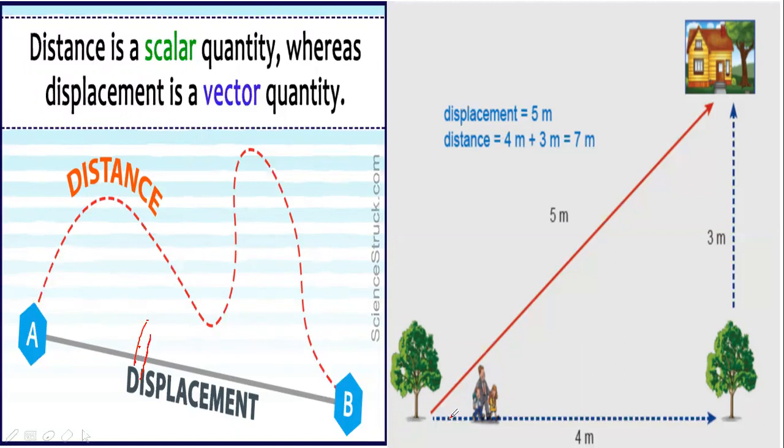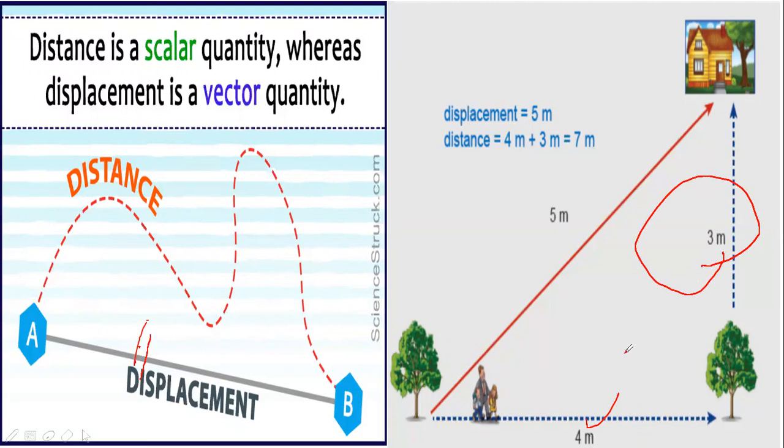These students are observers. They travel in this direction from one tree to the other tree, and then in this direction 4 meter, and here they travel 3 meter.